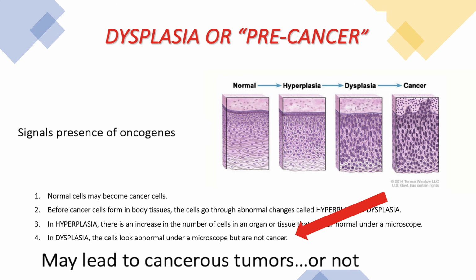It still has distinct borders, it still has one nucleus, and it may reverse itself. But if hyperplasia progresses to dysplasia, the cells now look abnormal, they are merging, the nuclei are malformed, and dysplasia may then progress to cancer.